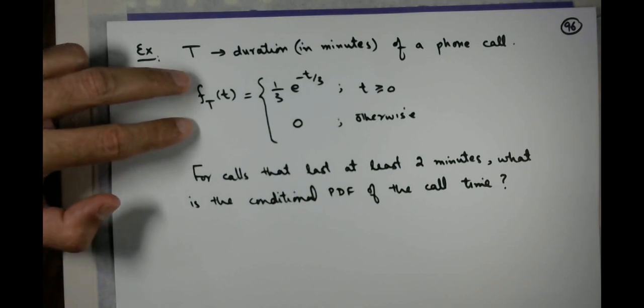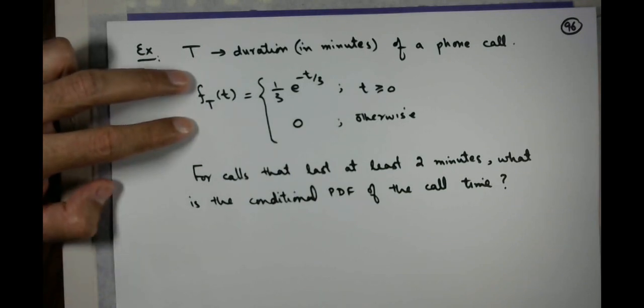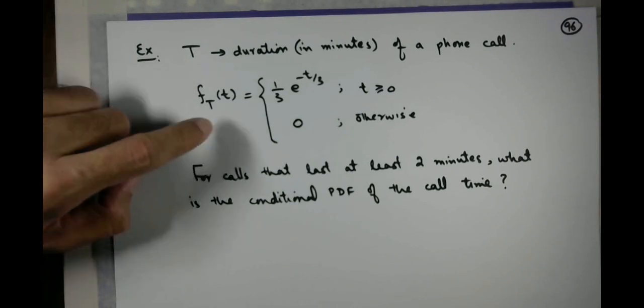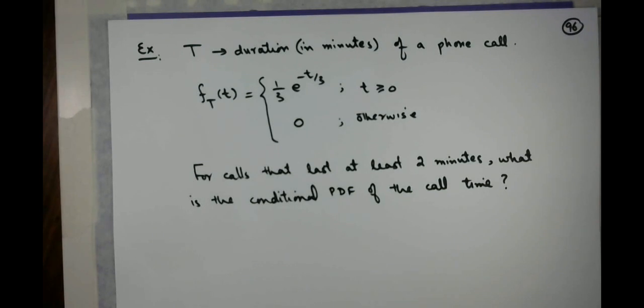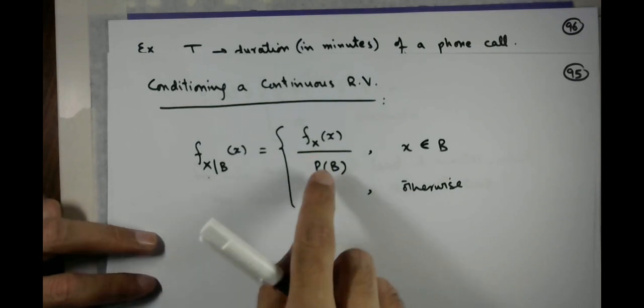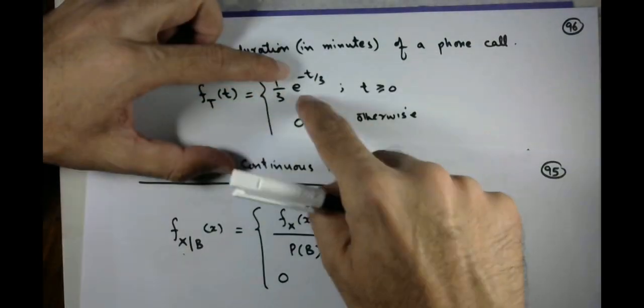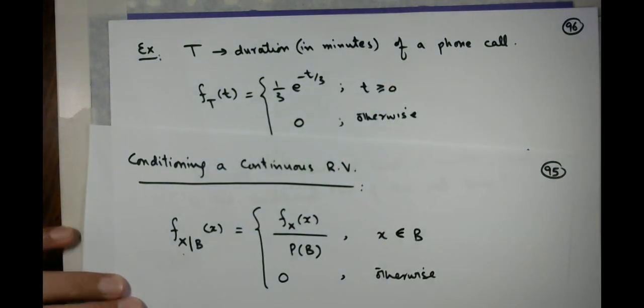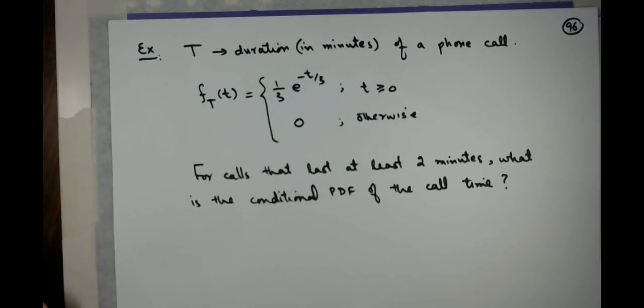You integrate this distribution from 2 to infinity, and you will get some value, and then you will utilize this expression, which means you will divide this original PDF by the probability that t is greater than 2, and ultimately you will be able to find the conditional PDF for all the calls that last at least 2 minutes.